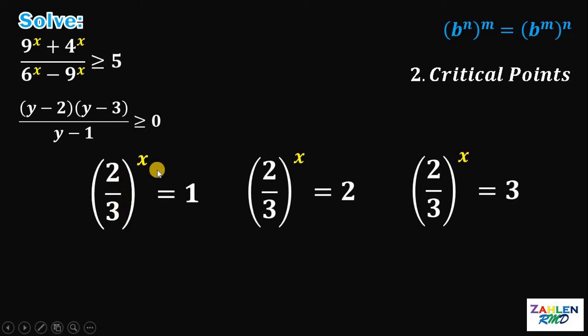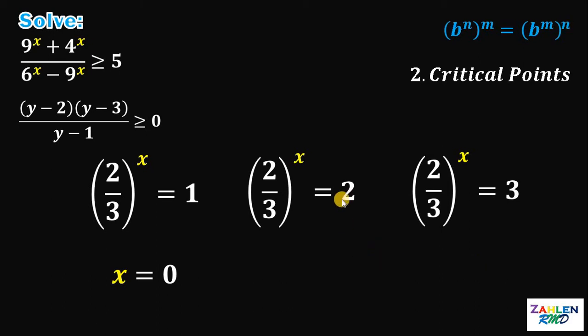Now we have 2 over 3 raised to x equals 1. The only value for x that makes 2 over 3 raised to x equal to 1 is x equals 0. Now how about the other two? We have 2 over 3 raised to x equals 2 and 2 over 3 raised to x equals 3.